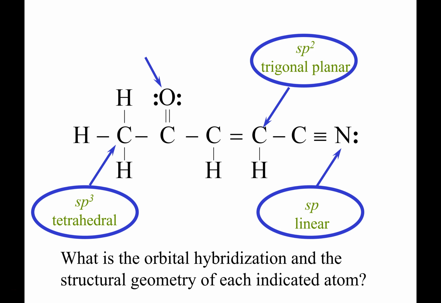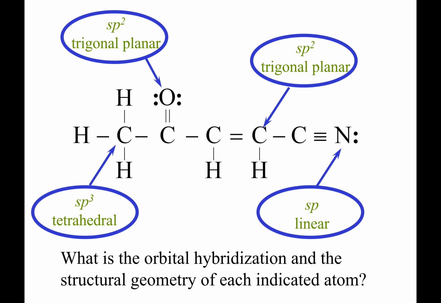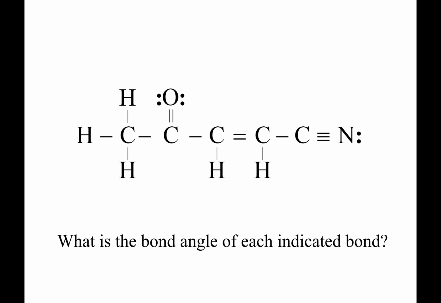Just 1 sigma bond, and how many lone pairs of electrons? 2. So what do you think about hybridization? sp2, the shape is also trigonal planar. Yep. Very good.